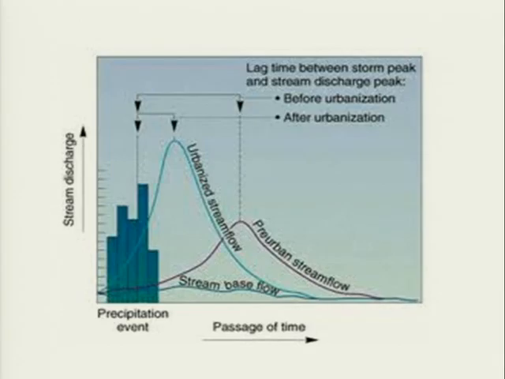The water will run off into the gutters and the gullies, and it will disappear. In the rural areas, we have vegetation that can take in the water, and therefore it will take longer. The water will infiltrate more than it does in the urban area, and therefore the falling limb of the urban area's hydrograph is steeper than the pre-urban one.